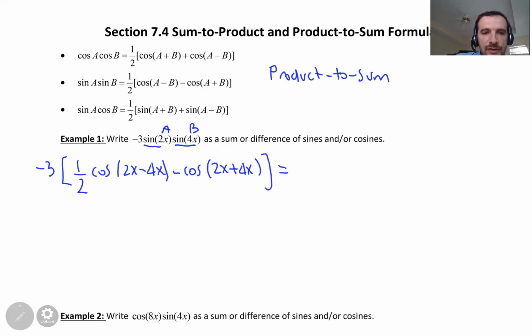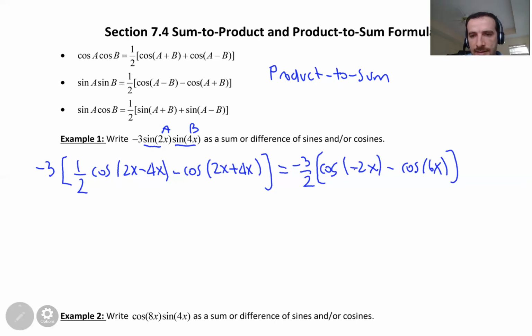And let me try to rewrite it. So it will be -3/2 cosine of -2x minus cosine of 6x, right?